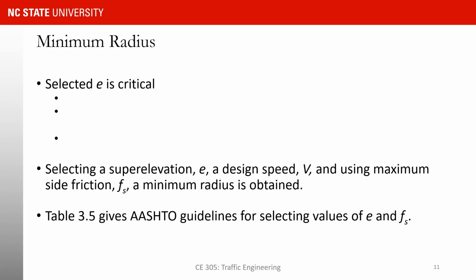So you may feel something like oversteering. Or also think about it when the road is covered with ice. If the super elevation is too high, your vehicle may slide towards the center of the curve, right?